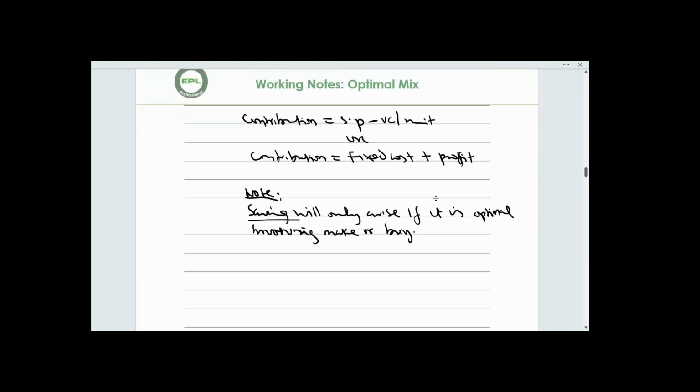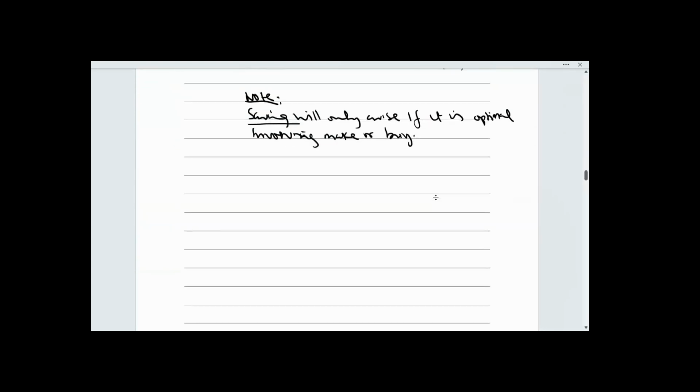Step 4. We're almost there. Step 4. You calculate or determine contribution or saving per key factor.